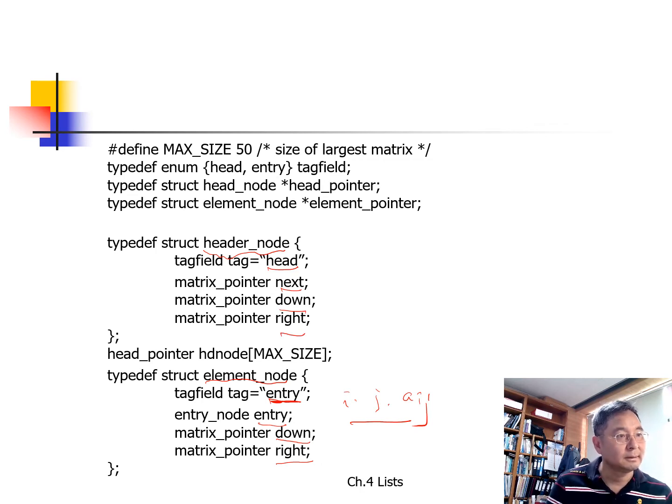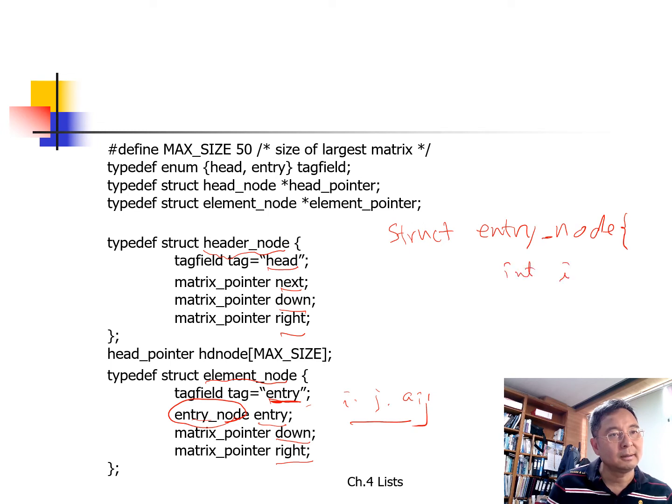Okay, is that all? Do you remember what the entry node structure is? The entry node is int i, int j, and int aij.